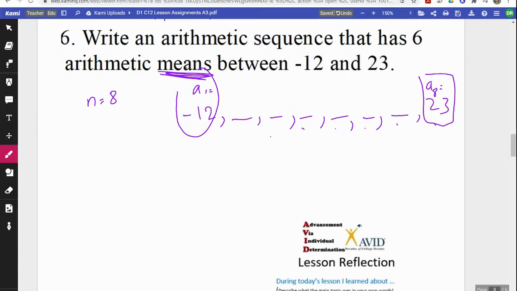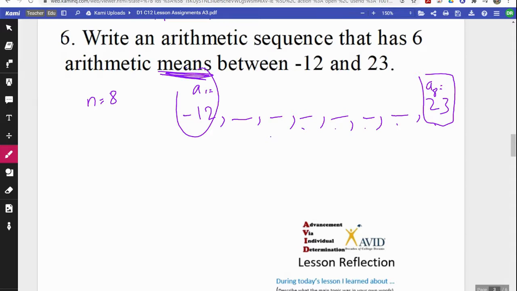I just started putting down everything I know. But if we're going to figure out what these blank terms are, the thing we need to know is what d is. And coincidentally, or not, when I wrote down everything I knew, the thing I'm missing is the common difference. So that's what we're solving for.